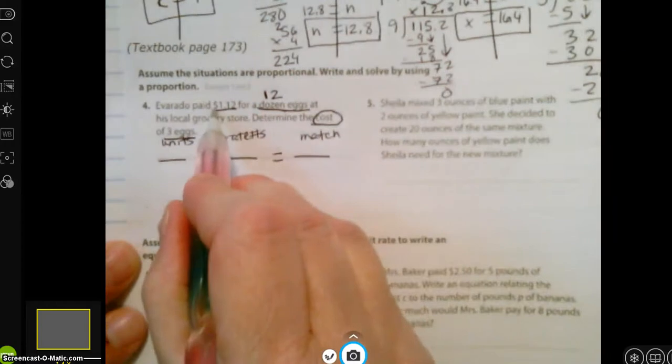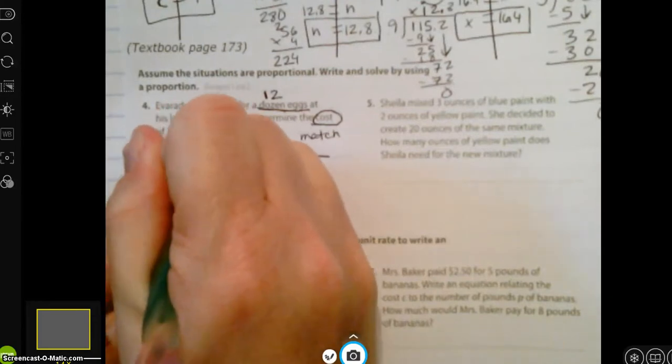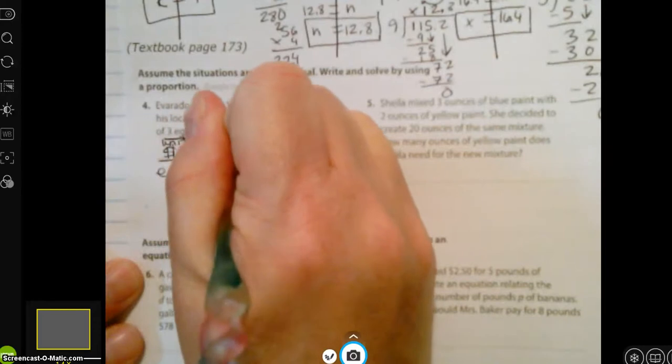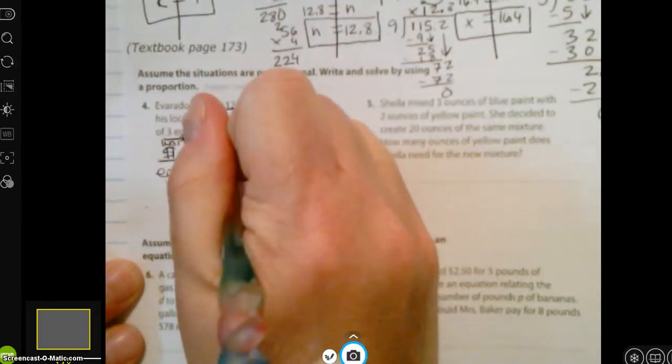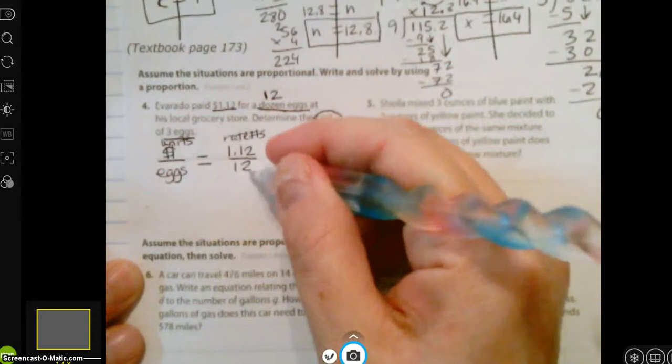So my units, well, there's dollars, and my other unit is eggs. Now, it's fine if you do eggs over dollars. It doesn't matter. This is just kind of the way I'm reading it. So how many dollars? Well, the rate says $1.12 for a dozen eggs. So I'm going to keep these together because they're related.